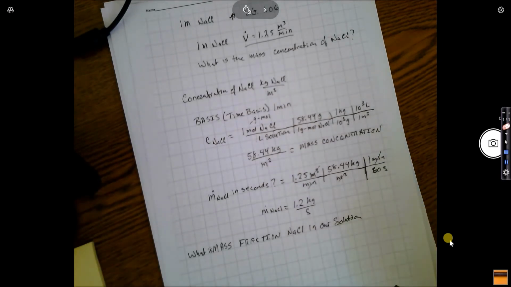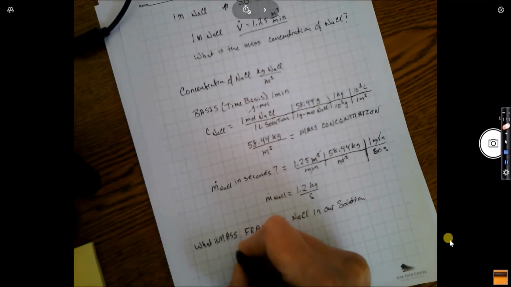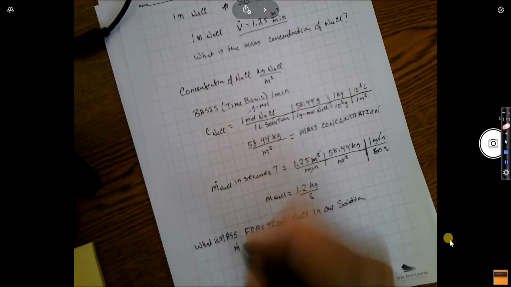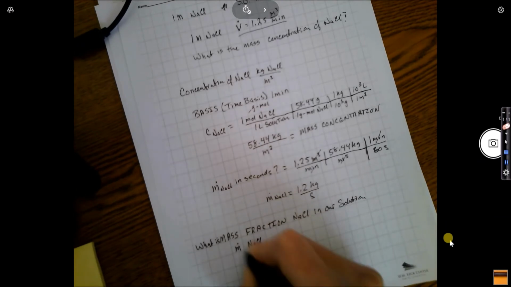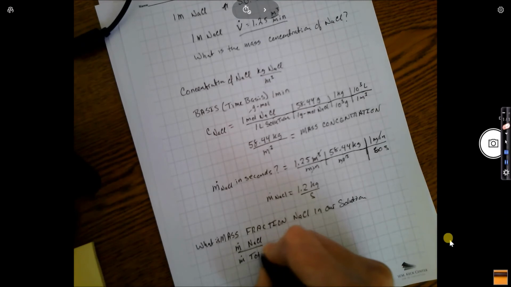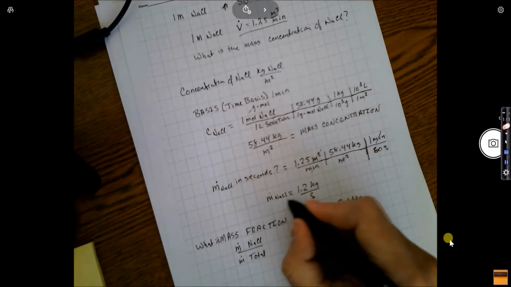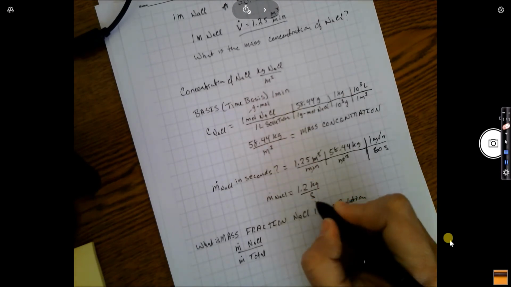In our solution, that's going to be the ratio. The mass fraction can be done in terms of mass flow rates. It's going to be the mass flow rate of sodium chloride divided by the total mass flow rate of your solution. We already calculated the mass flow rate of sodium chloride in seconds.